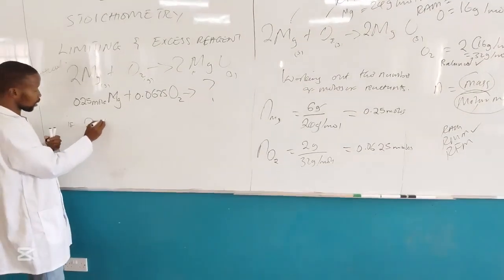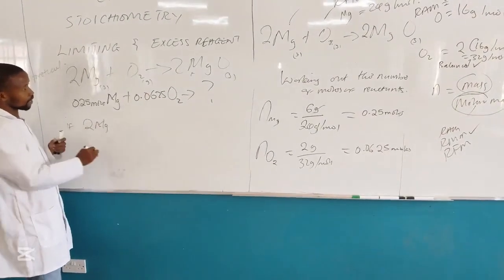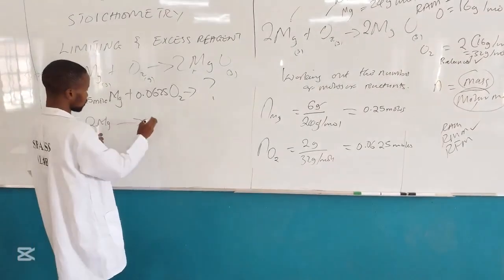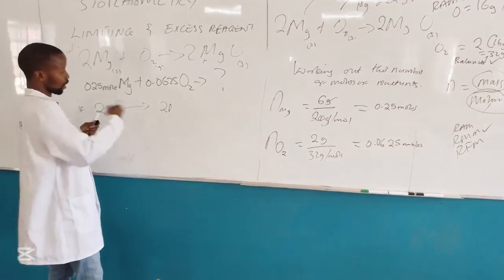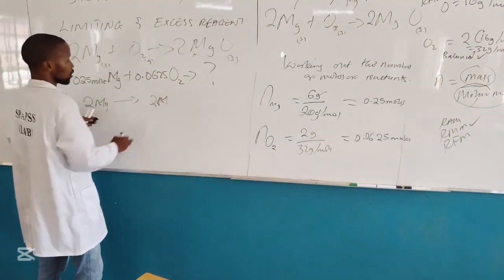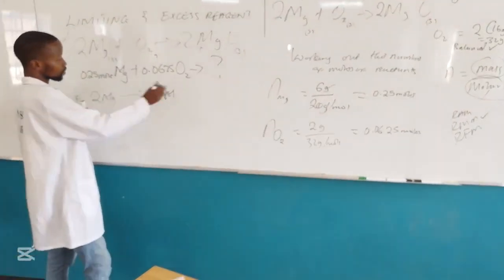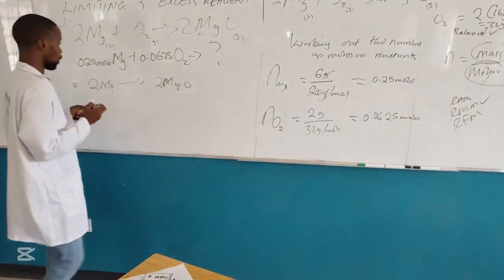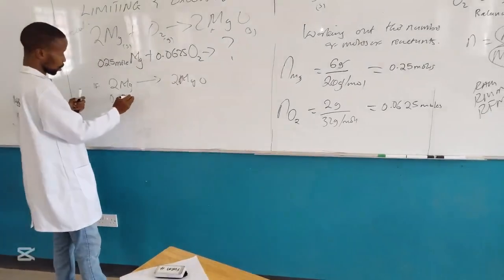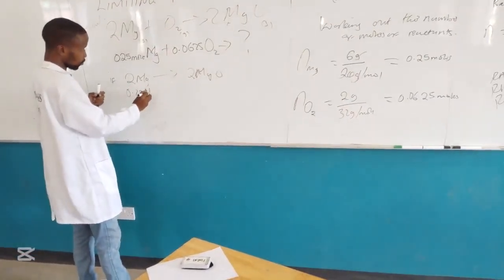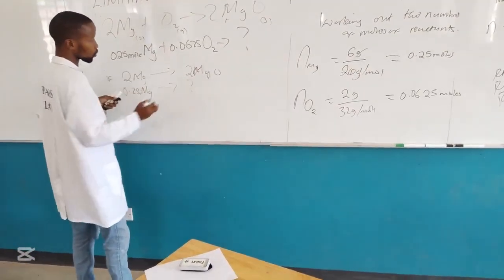If 2 Mg, right? If 2 magnesium produces 2 magnesium oxide, just put the arrow. So how much would 0.25 magnesium produce? We don't know.